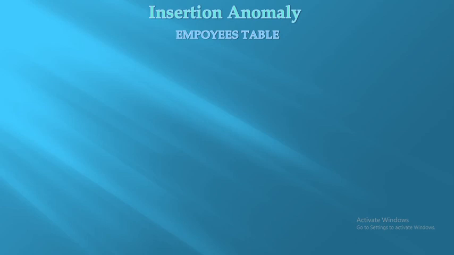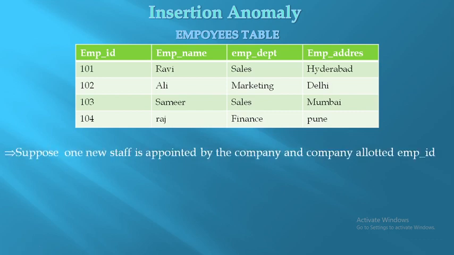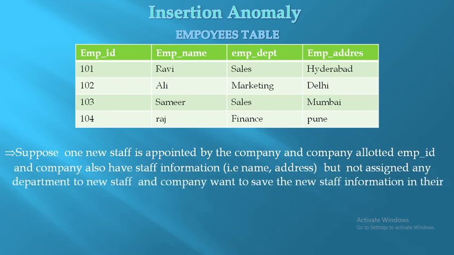Insertion anomaly. Let us understand insertion anomaly with the help of this employees table. In this employees table, we have employee ID, employee name, employee department, and employee address. So let us suppose one new staff is appointed by the company, and the company allotted the employee ID to the new staff, and the company also has the staff information, that is his name and address, but has not assigned any department to the new staff.